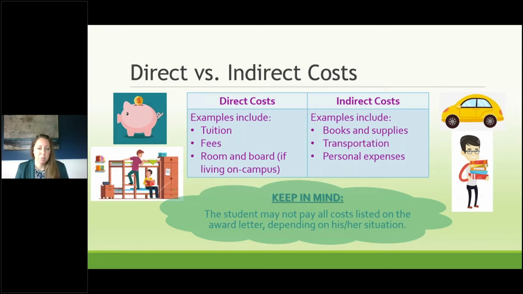So books and supplies, transportation, personal expenses, and other schools may include other items in that COA as well. Maybe an institution has a large population of students who need childcare, so they include childcare in their cost of attendance, or maybe they have a large population of students that are veterans, so they include veteran benefits in COA. Each school is a little bit different on what they include, but the direct costs are always going to be tuition and fees and then room and board if the student is living on campus.